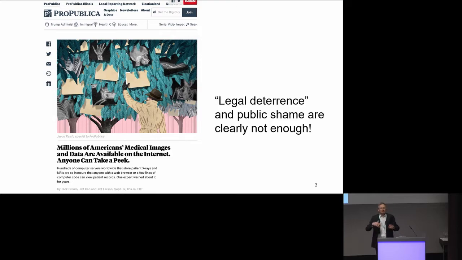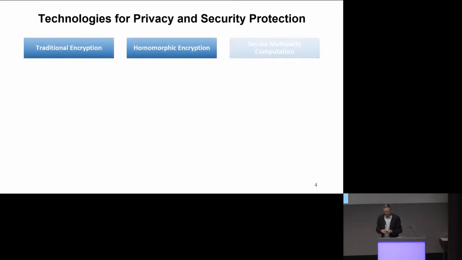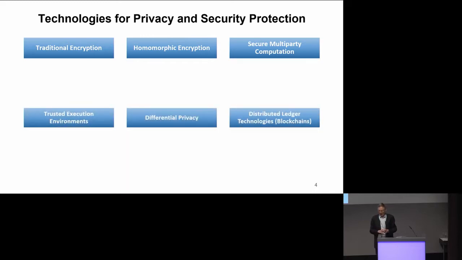We are witnessing a kind of slow disaster that is going on and that has to be addressed in some way. The good news is that there exist a number of technologies for privacy and technology protection, most of which are vastly underused in the framework of medical data for historic reasons, for inertia, for a number of reasons.